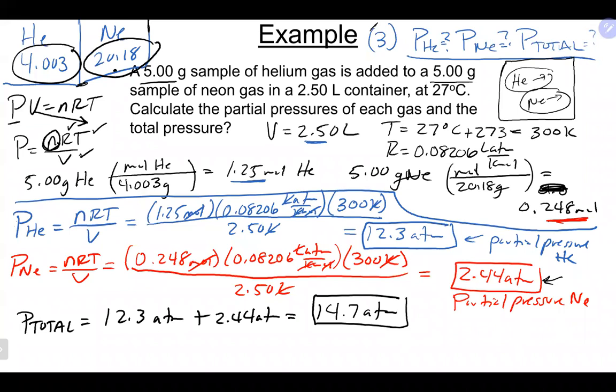Helium is much lighter, which means it will be moving much faster. So helium is flying around a lot faster, causing more collisions, which is why it's contributing a lot more pressure than the slower moving neon, which is not moving around as fast, causing fewer collisions and less partial pressure. How fast the gas moves is related to its weight. Lighter gases move a lot faster, and heavier gases move a lot slower. Any questions on that there?